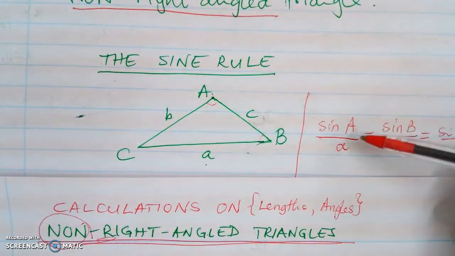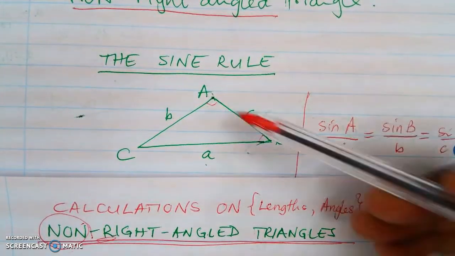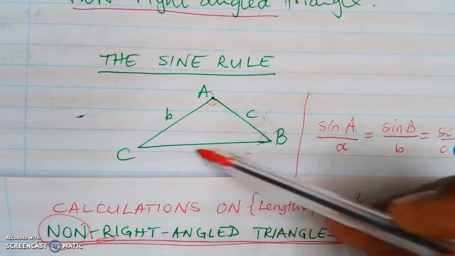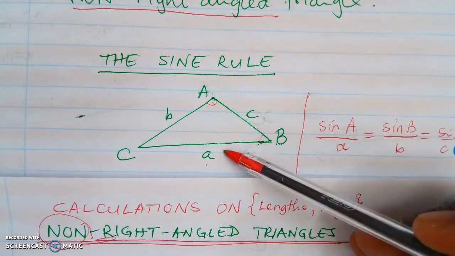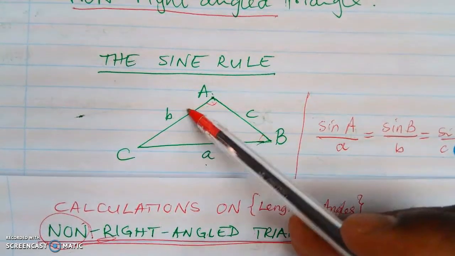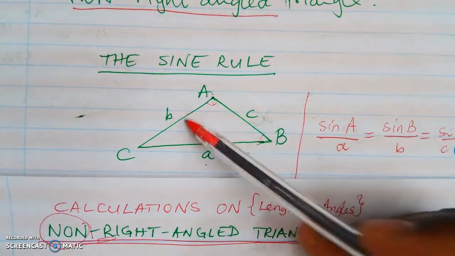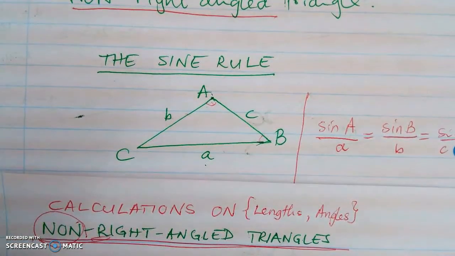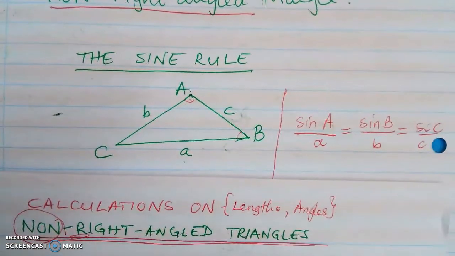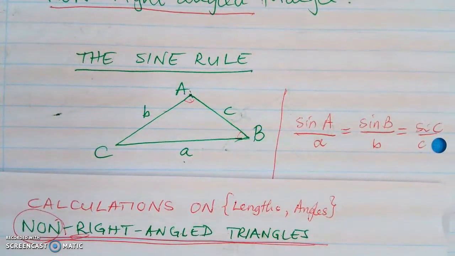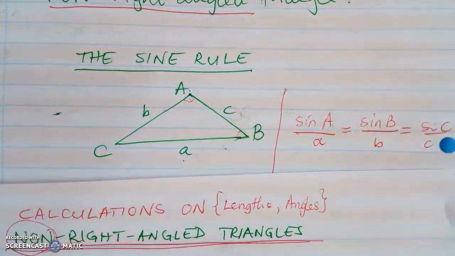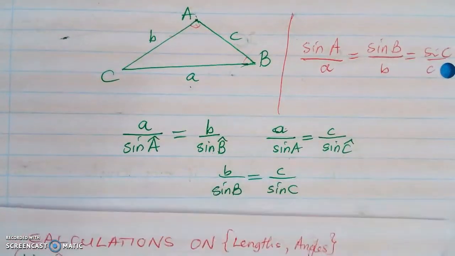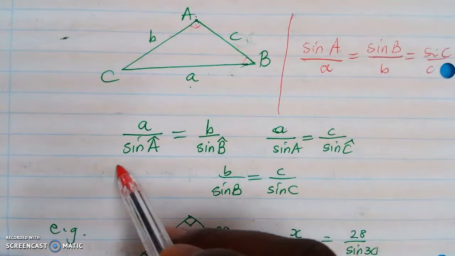It says the ratio sine A, sine of this angle, divided by this length, is equal to sine B divided by the length that's facing it. Similarly, it is equal to sine C divided by C. Or you can prefer to write them separately in equation form.